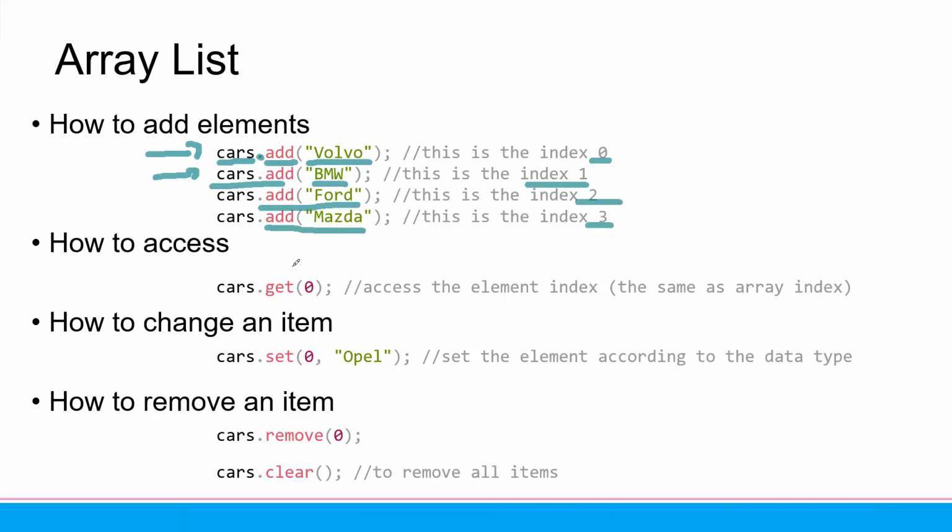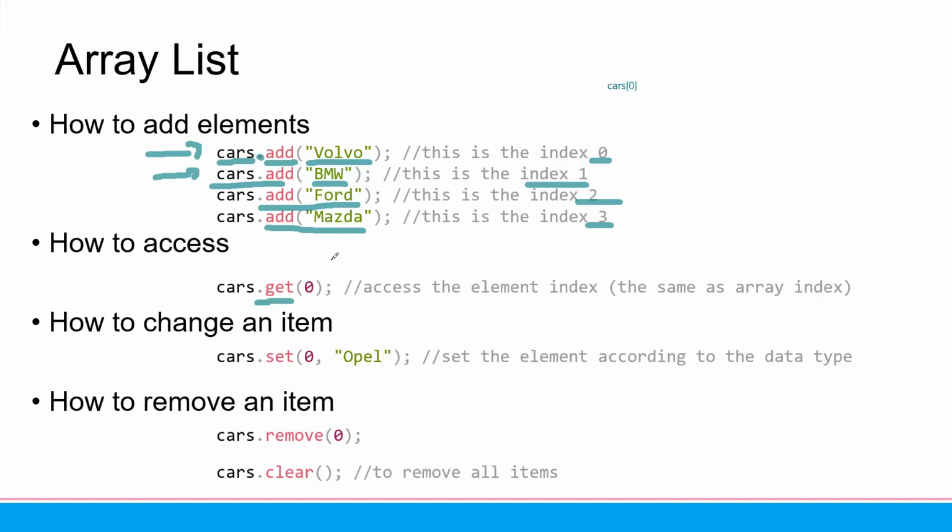How to access? If you use the array, you will use cars with the square bracket. Let's say I'm going to access index 0, so you will use cars, square bracket, 0. In array list, you need to use the function get.